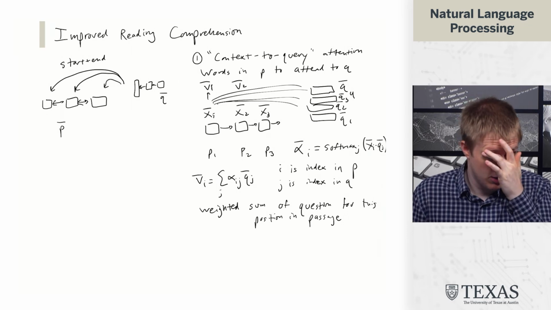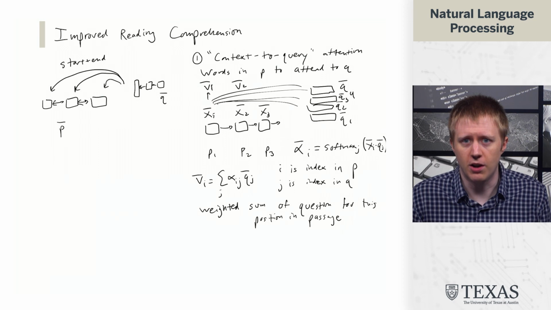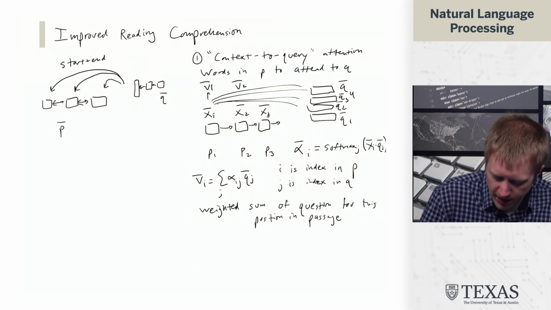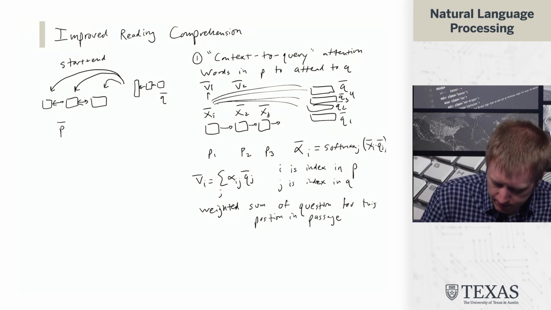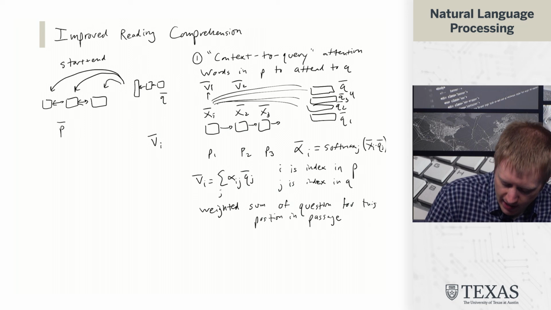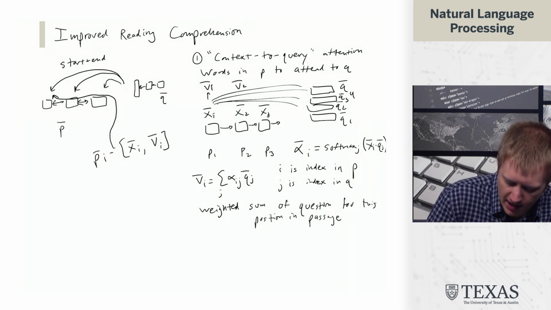And then we're going to use that as part of the encoding for P. So we are then going to say, okay, this basically vi and xi concatenated together, these are now going to be the pi vectors.